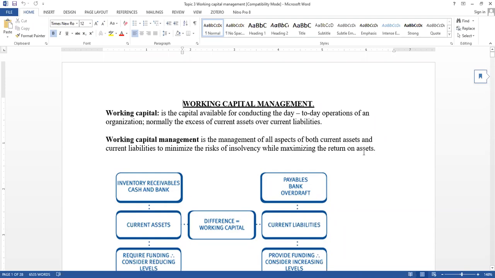Otherwise, if any business does not have enough working capital, you will get challenges, because every time they are taking you to court.